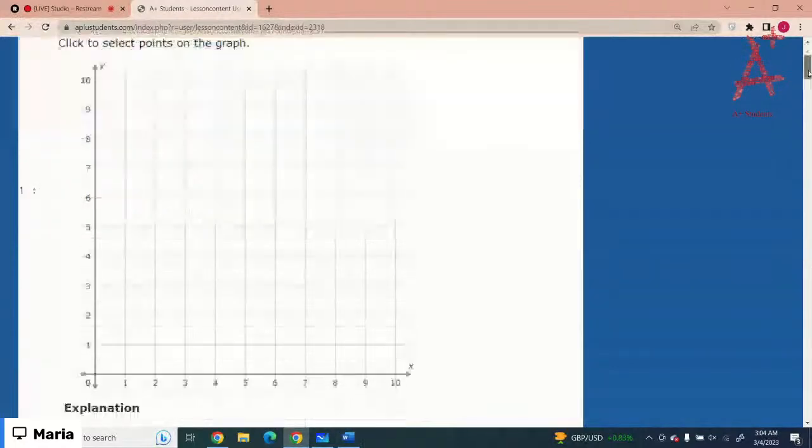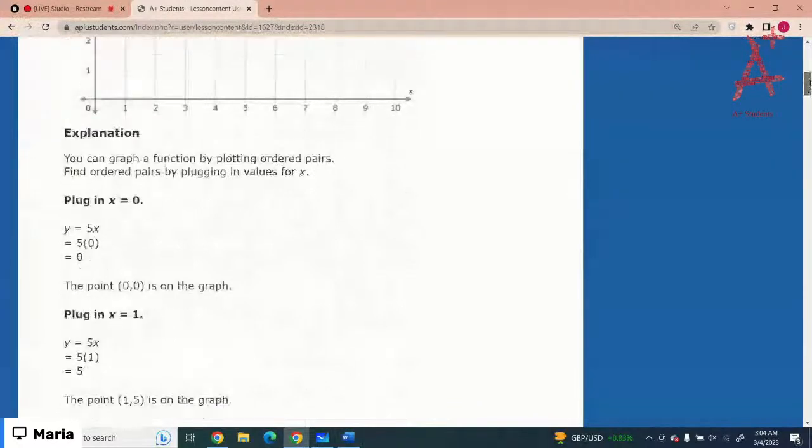So we are going to graph the function y equals 5x. We are going to put different values of x and evaluate the different values of y. Got it? So let's just start with the example. I'm going to do it on the board.